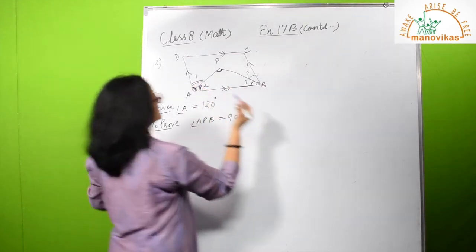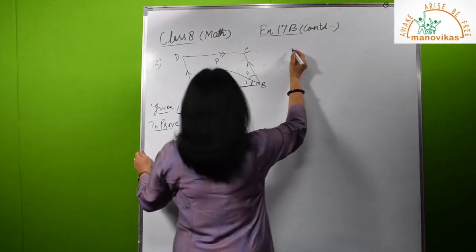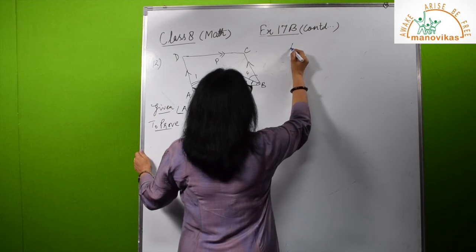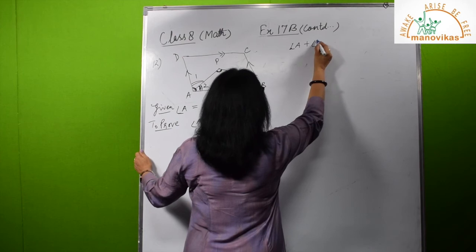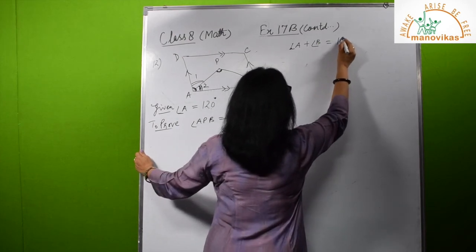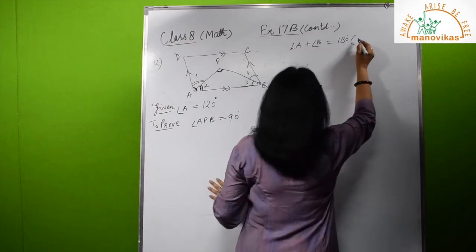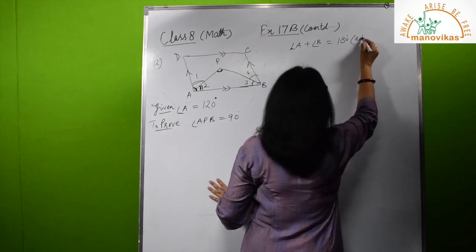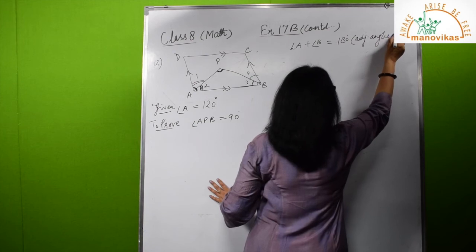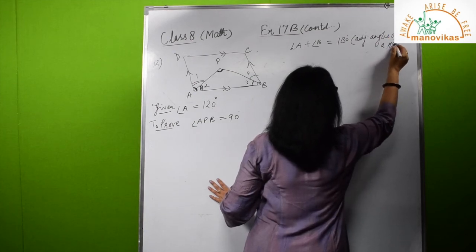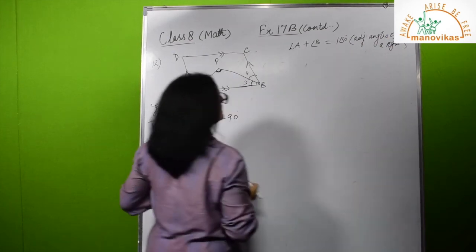So we will use that property. So let's start with that property. Angle A plus angle B is equal to 180 degree. Reason? Adjacent angles of a parallelogram. So they will be supplementary.